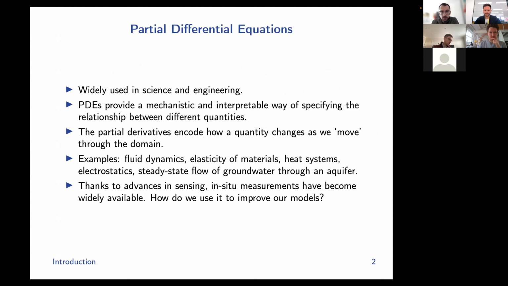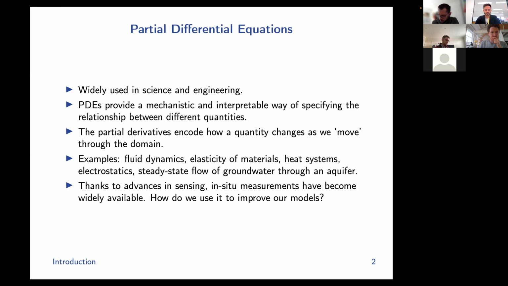The topic is more of an empirical assessment of how variational Bayes can be used for Bayesian inverse problems involving partial differential equations.